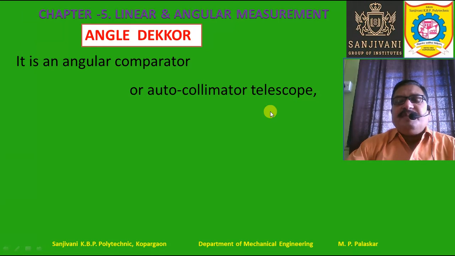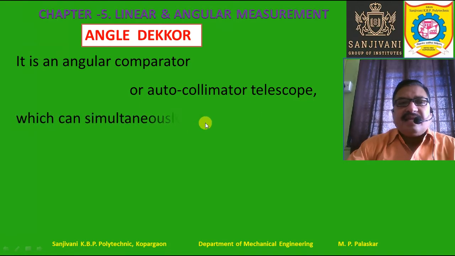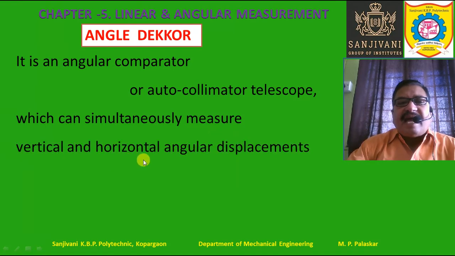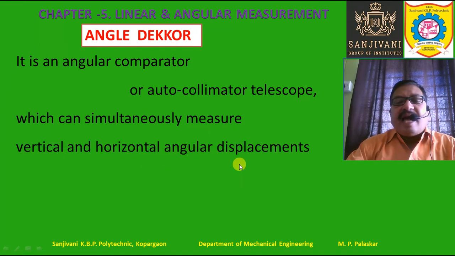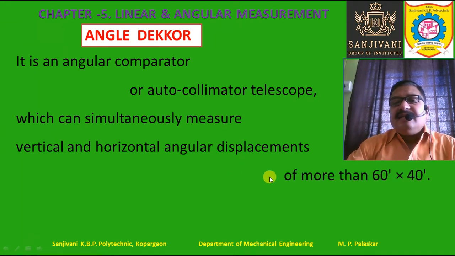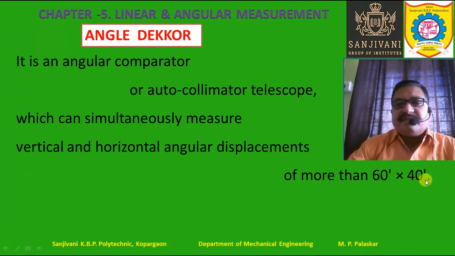So the principle of the autocollimator telescope is also used in the angle decker, and this angle decker can simultaneously measure vertical and horizontal angular displacements, and the range may be something like 60 minutes by 40 minutes.